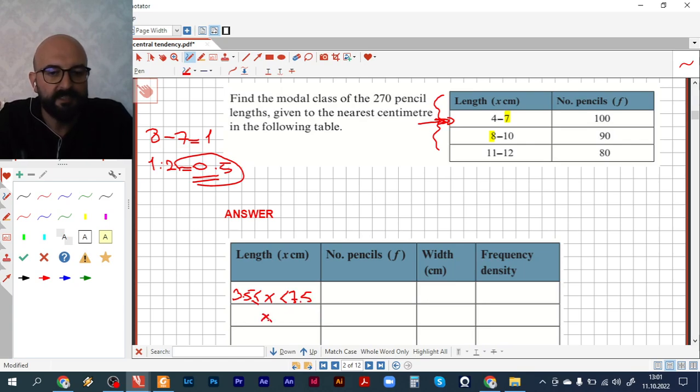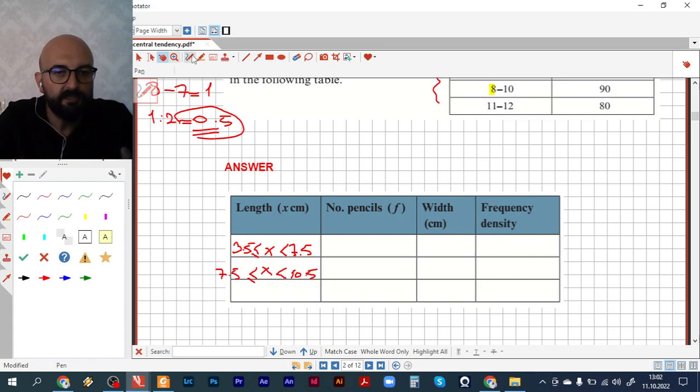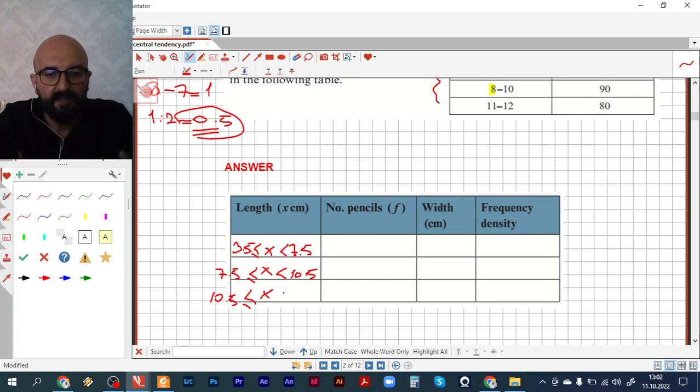And the second group greater or equal than 7.5 and less than 10.5. And the third group greater or equal than 10.5, less than 12.5.